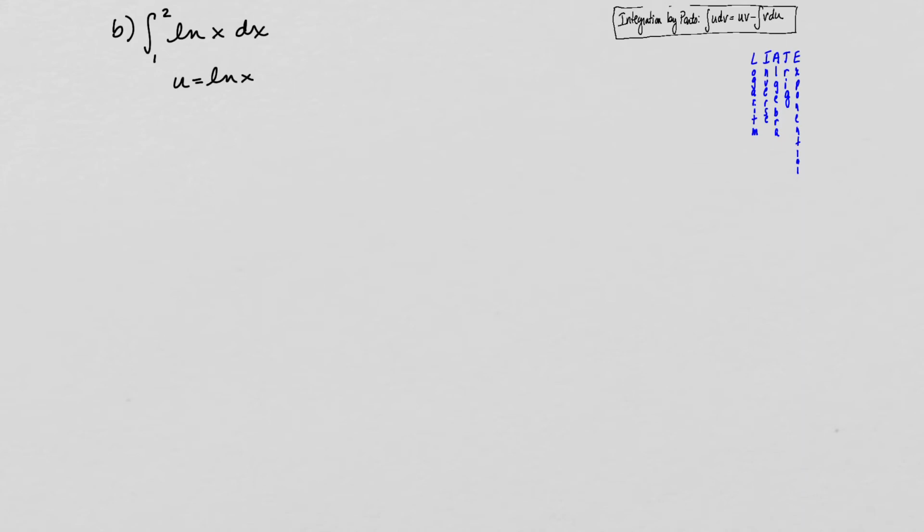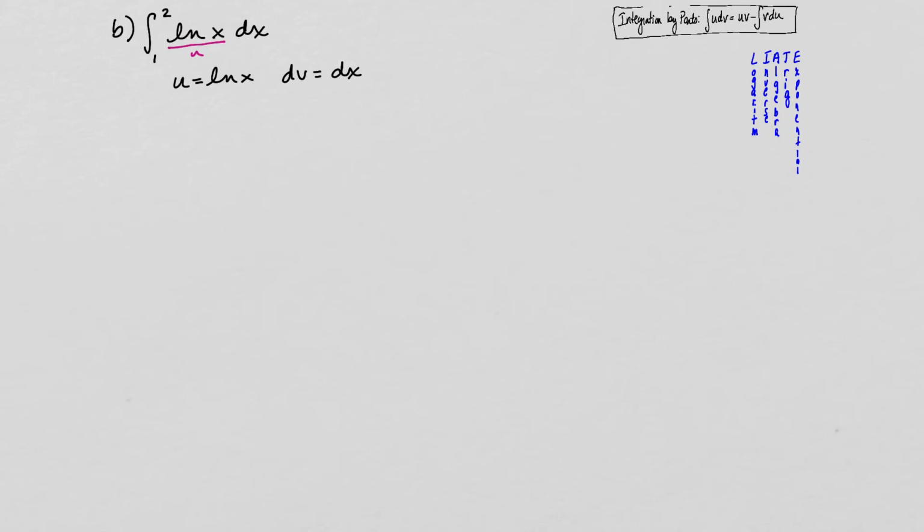I've made this part u, which means the only thing that's left is dx. So in this case, dv just so happens to be plain old dx. And that's okay. That can happen sometimes. This is one of the powerful things about integration by parts, is it can help you integrate things that otherwise you wouldn't be able to.